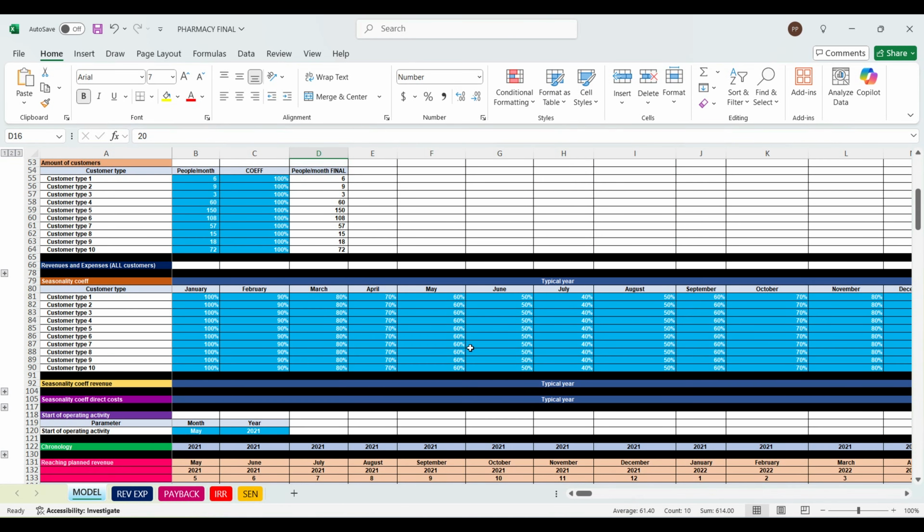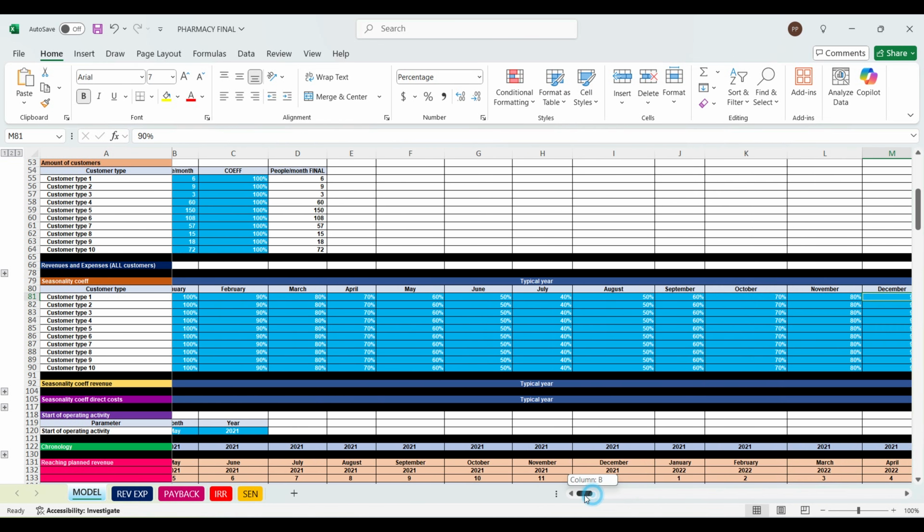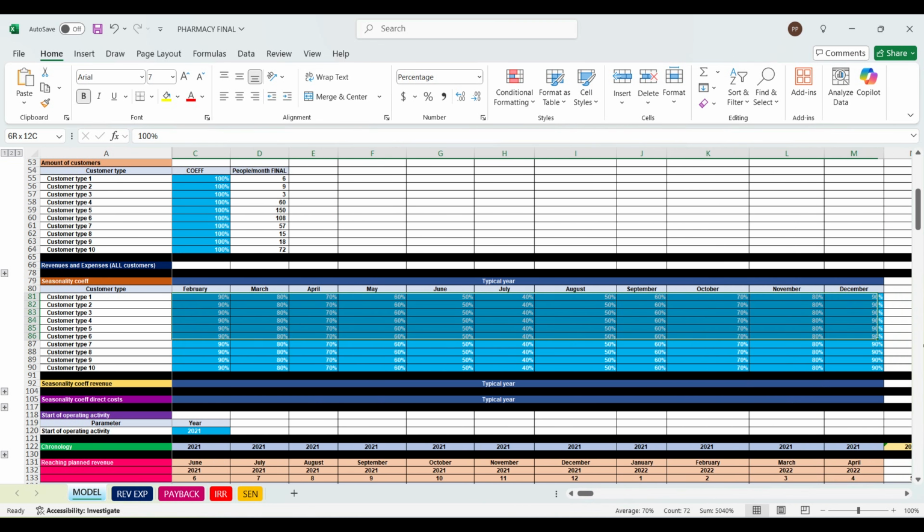If, for example, we assume that the revenue will go down in summer months, we just decrease the percentage value, making the revenue go down in summer months and start increasing towards the winter months. So we can create any seasonality here.